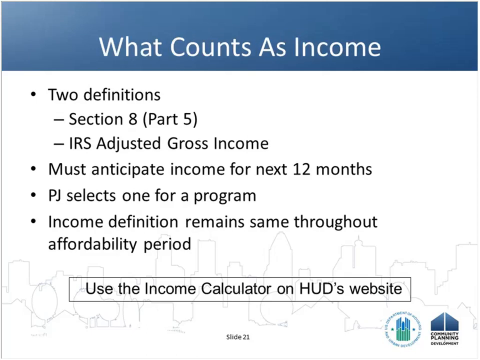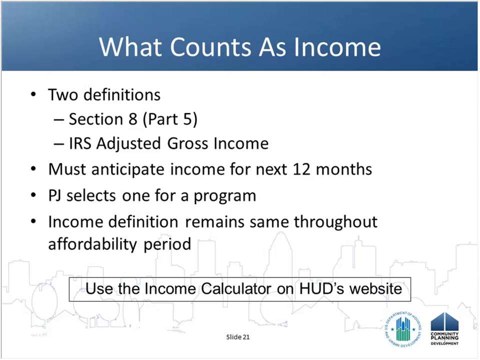So the HOME program allows for two definitions of income. The Section 8, oftentimes called the Part 5 methodology, and also the IRS adjusted gross income, or the 1040. So you as the PJ need to make a decision on which of these definitions you're going to use. The definition says what we're going to count as income and what we're not going to count as income.